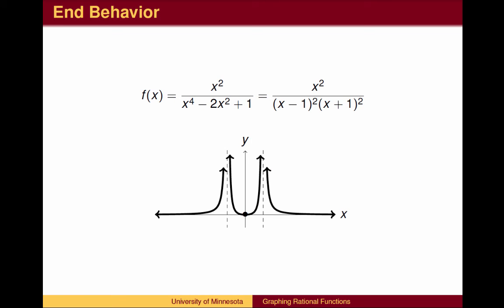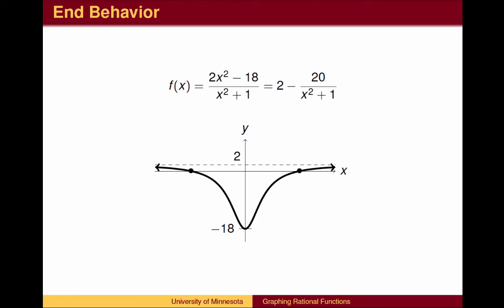Here are some simple examples illustrating each case. In the first case, the degree of the denominator is 2 more than the degree of the numerator, so to the far left and far right it resembles 1 over x squared. In the second case, the numerator and denominator have the same degree, so to the far left and far right this graph approaches the constant 2.